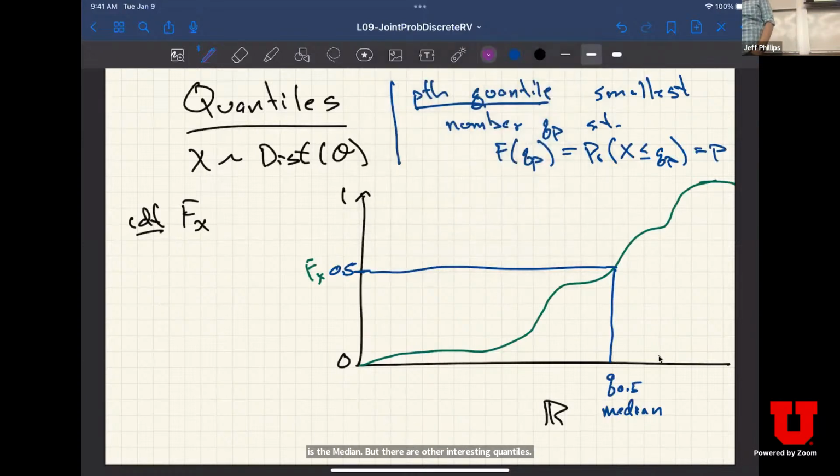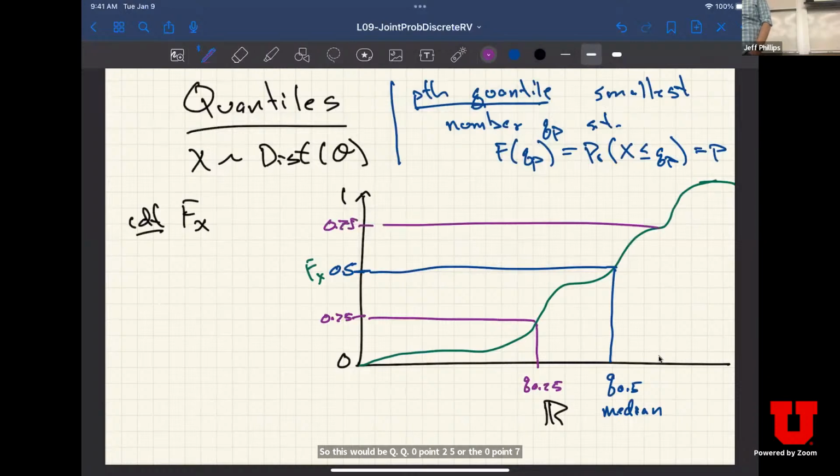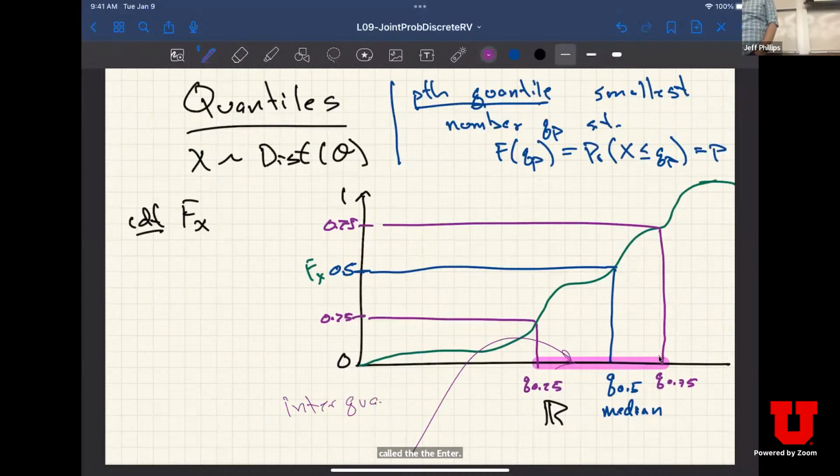But there are other interesting quantiles. You can often look at the 0.25 quantile, Q 0.25, or the 0.75 quantile, Q 0.75. This region in between them is called the interquartile range.